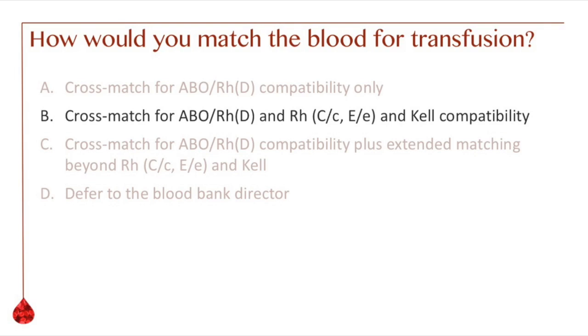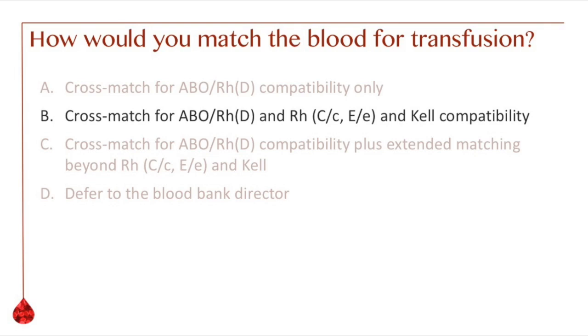Cross-match for ABO-RHD compatibility only is not considered adequate because of the high rate of alloimmunization in chronically transfused sickle cell patients. Cross-match for ABO-RHD compatibility plus extended matching beyond RHCE and KEL is practiced by some programs, but it is expensive and requires special donor programs to provide sufficient blood.